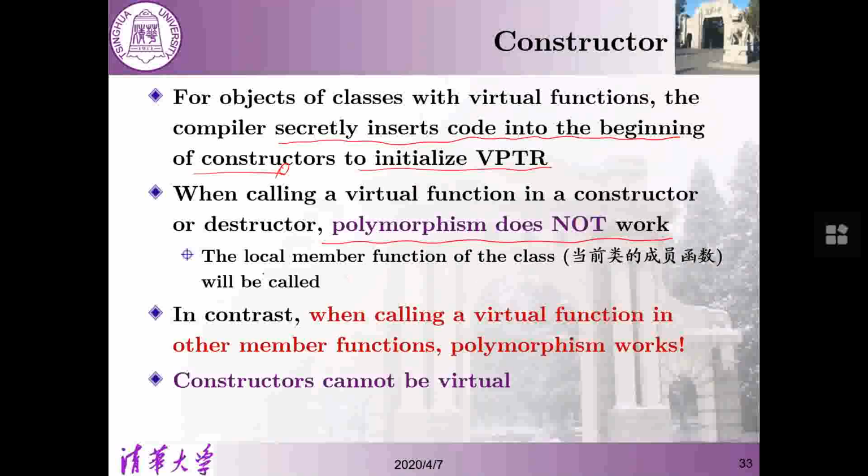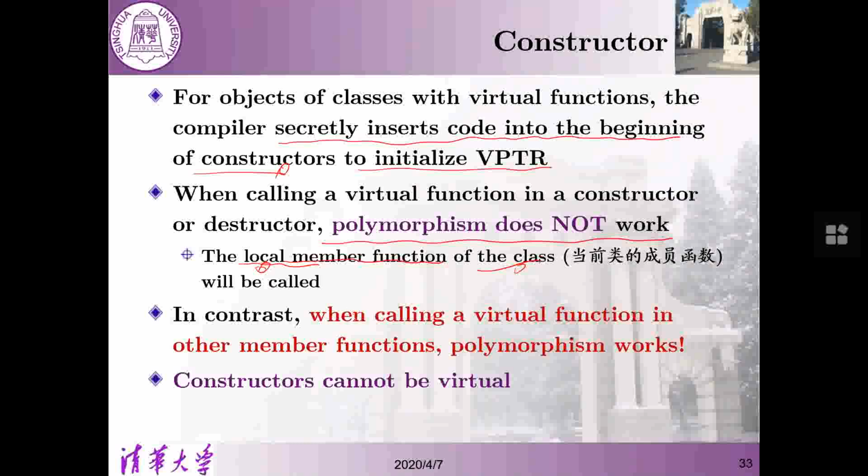So if we call a member function, especially a virtual member function, the local version of the current class, where the constructor is defined, will be called. If we call the local virtual member function in the constructor function body, then the local version will be called. No polymorphism.